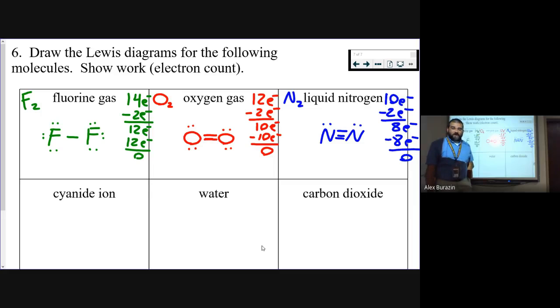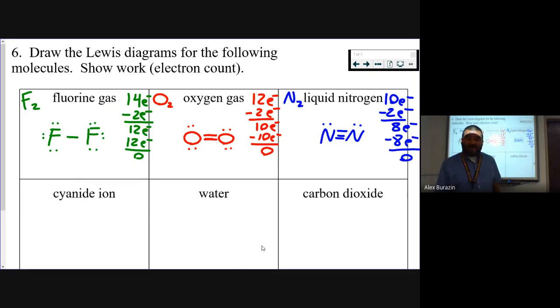Now, this is the correct structure. Both nitrogens have 3 bonds, which is 6 total electrons, and 1 lone pair, which is 8. They satisfy the octet rule. Nitrogen gas has a triple bond between the 2 nitrogens. It's a very, very stable structure.